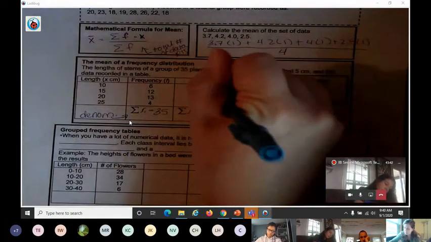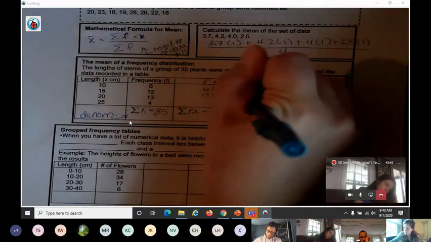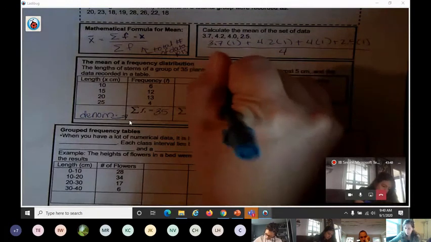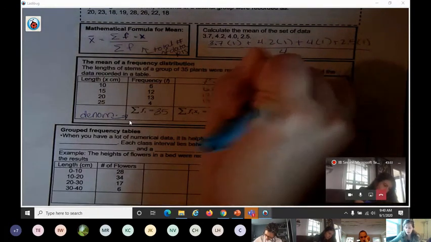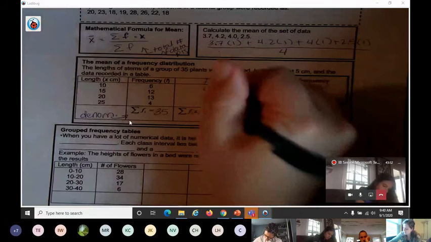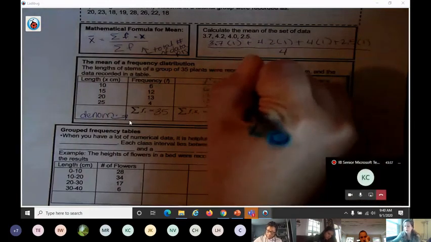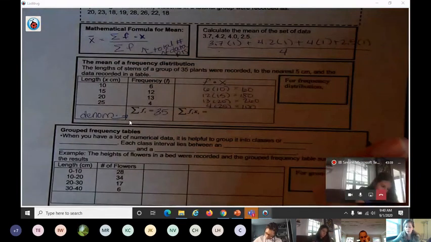Then 12 times 15, which is 180. Then 13 times 20, which is 260. And 4 times 25, which is 100. When you add all of these values together, I think that you get 600.